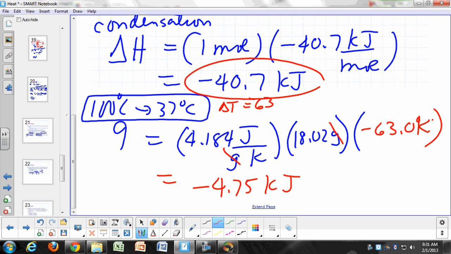Compare that to negative 40. How much bigger is the amount of heat released by just the condensation? About 8 times at least, 9 times. So the condensation of steam releases about 8 to 9 times more heat than just boiling water going back down to room temperature.